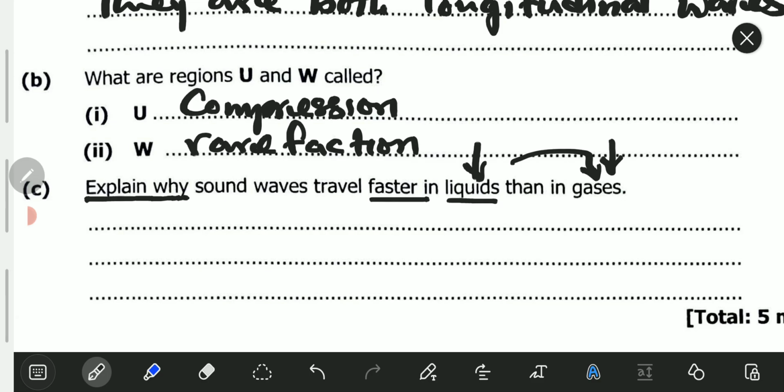Therefore, sound waves travel faster in liquids than in gases. The reason is that particles in liquids are closer to each other than in gases.